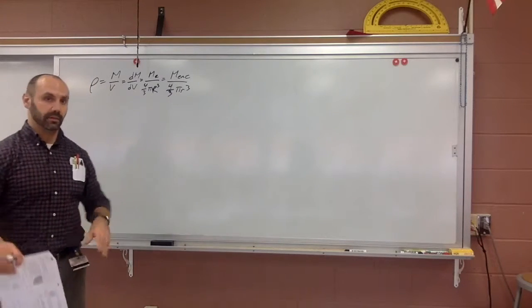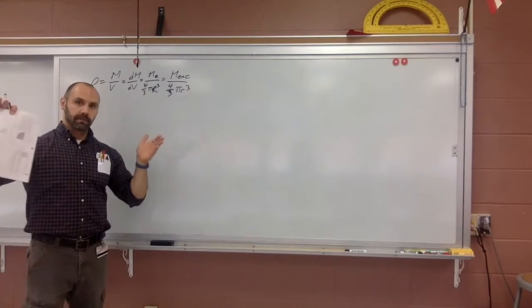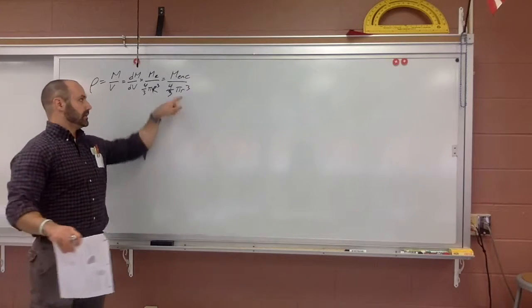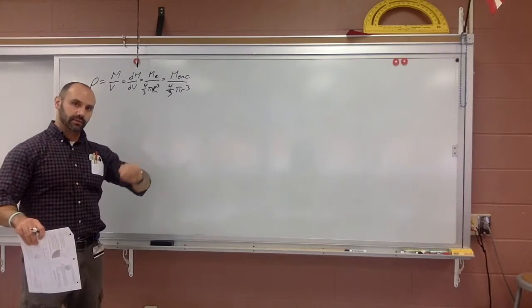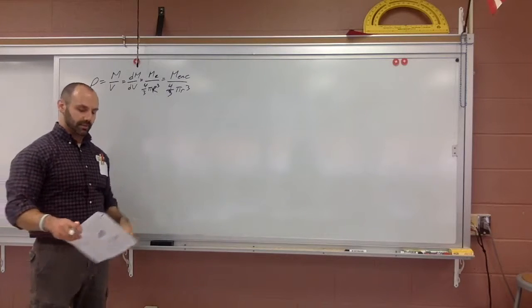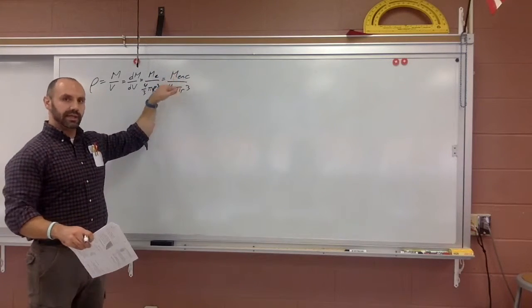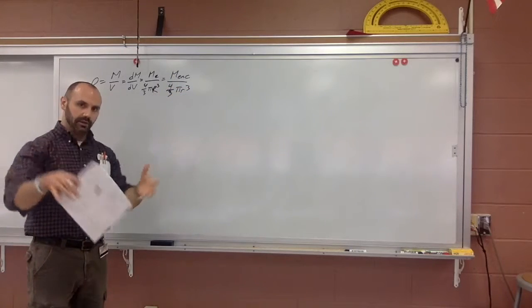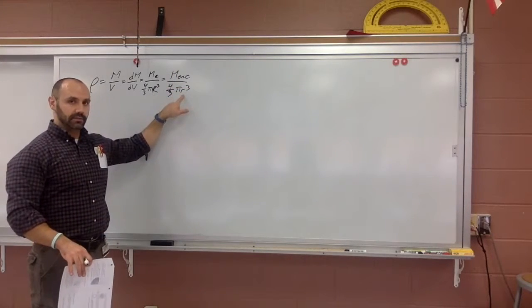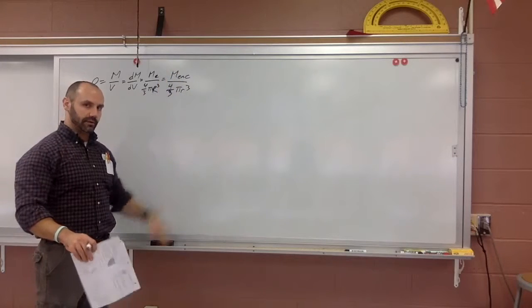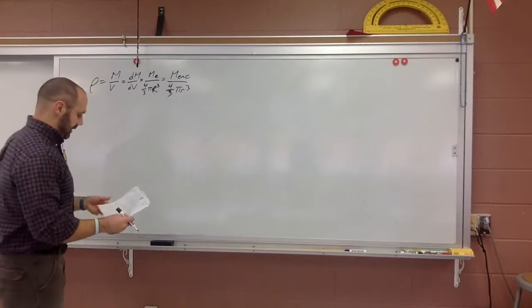That's going to be common, by the way. Big R is the fixed radius of the object. Little r is the changing radius that we're using to measure how far something is from the center. And M_enc means enclosed. It's the mass that's enclosed within this radius. Again, we're going to see that on a regular basis, so get used to seeing that.